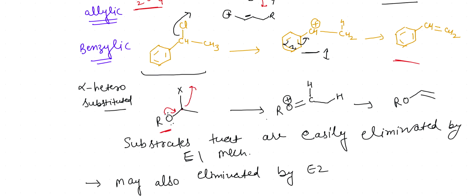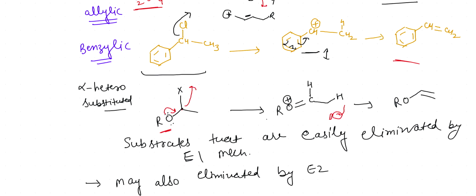Thus, oxygen is acquiring a positive charge and there is formation of a double bond between oxygen and carbon. So it is helping in stabilizing the carbocation. Then again, in the next step, the base is abstracting hydrogen from here.